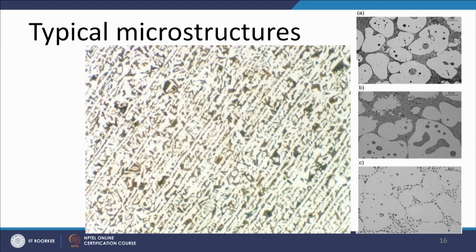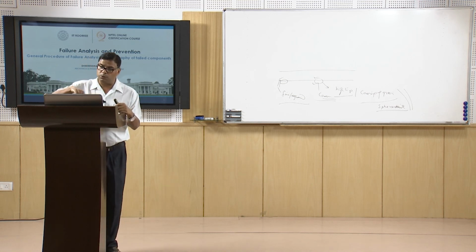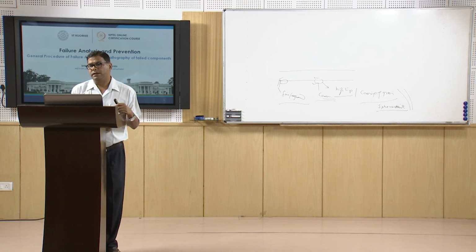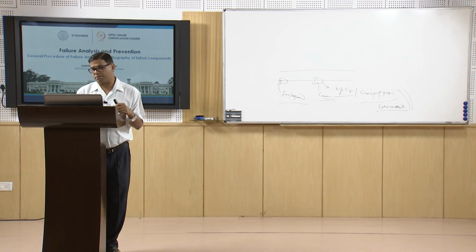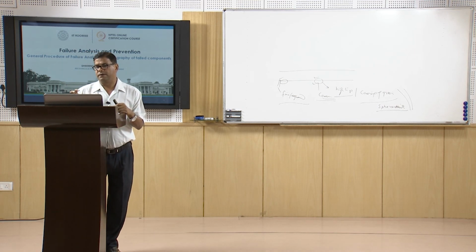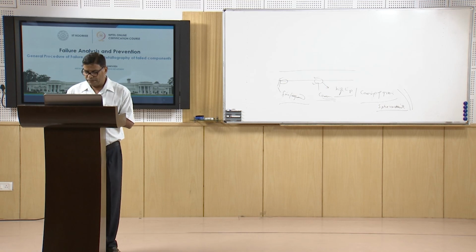It will easily provide a location or a path for the growth of the crack in a particular direction. If such a banded structure is present, it is always good to have an equiaxed structure instead, where a proper distribution of the ferritic and pearlitic phases is present in the steel rather than having the banded structure.